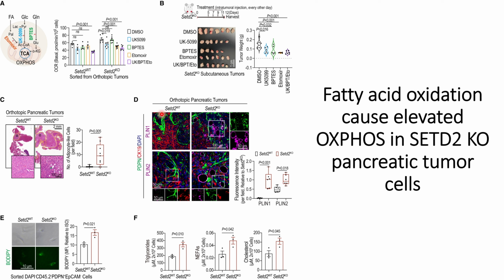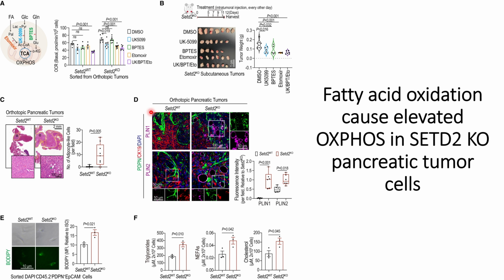And these are the H&E staining, and they also did immunostaining using markers for cancer-associated fibroblasts such as PDPN, which are found in the stroma of the pancreatic tumor, and CK19, the marker for the pancreatic tumor cells, and DAPI, the marker for the nucleus. PLIN1 and PLIN2 are the markers for the adipocyte-like cells.